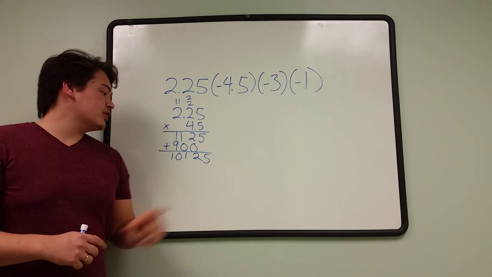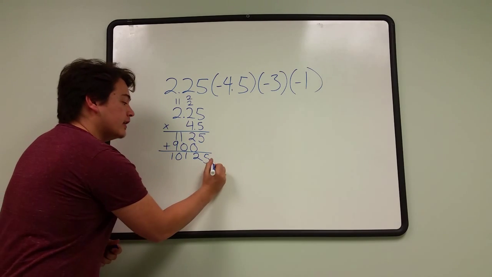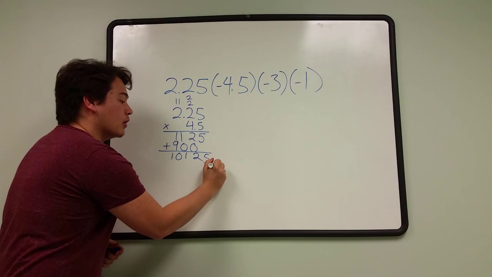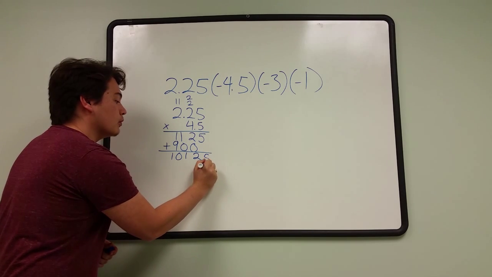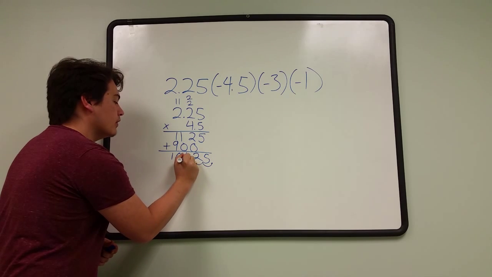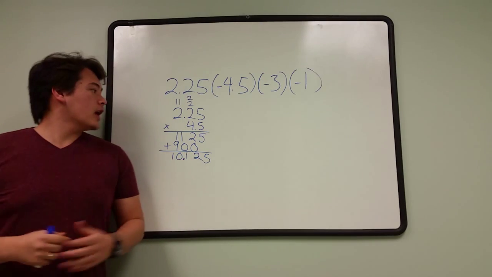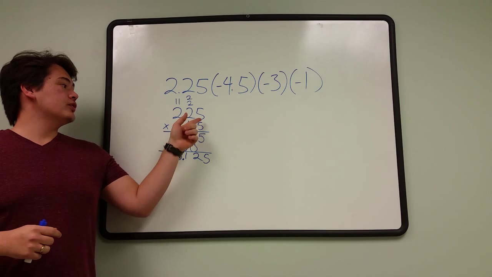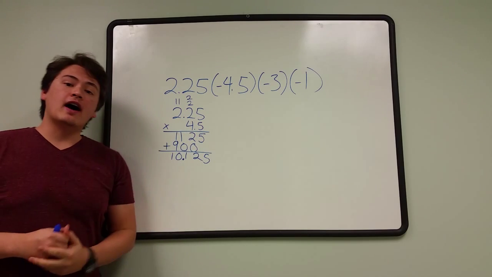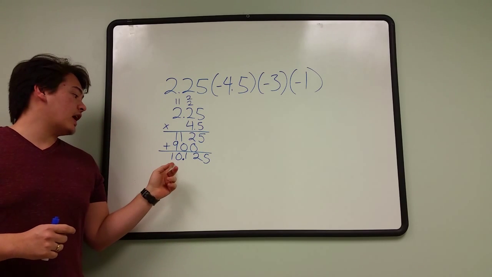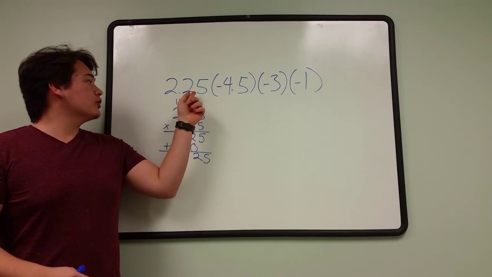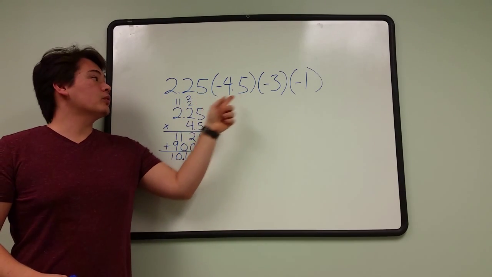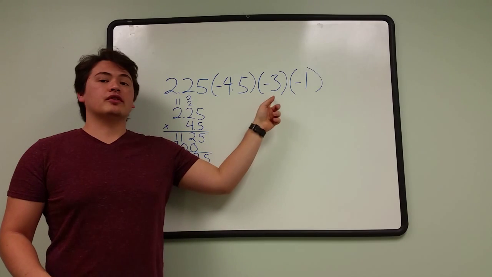So I'm going to put the decimal here and count 3 over to the left. So from here, it's going to be 1, 2, 3. So when I multiply 2.25 times 4.5, my answer is going to be 10.125.